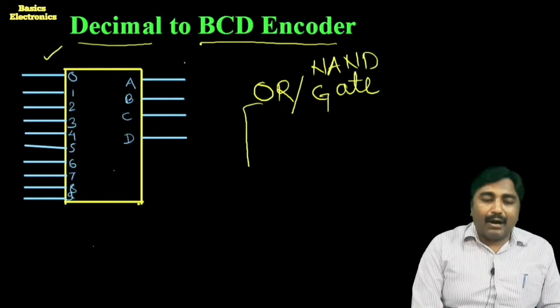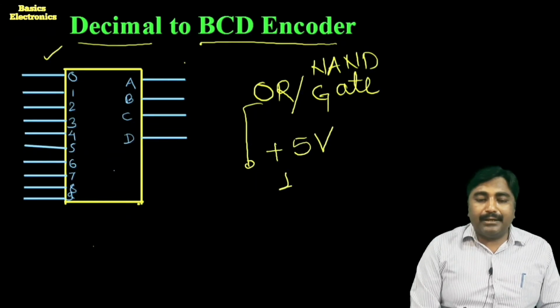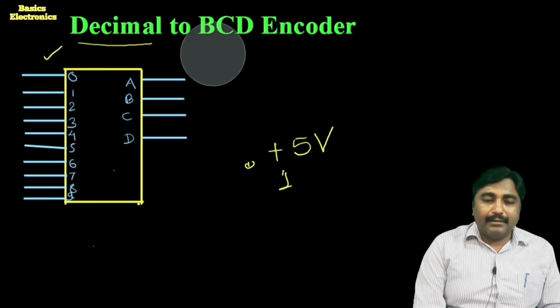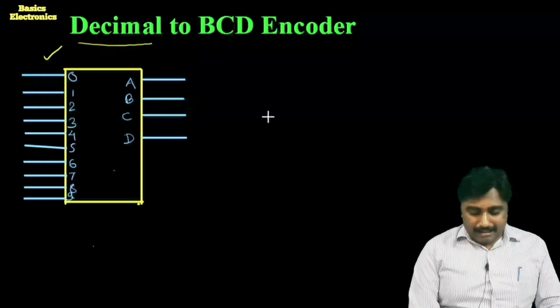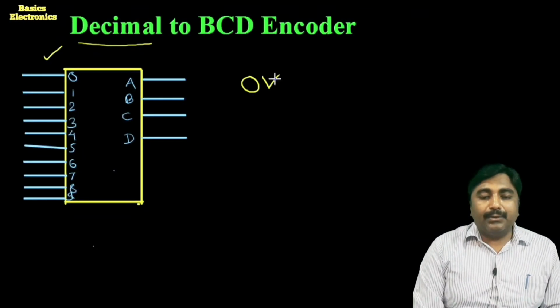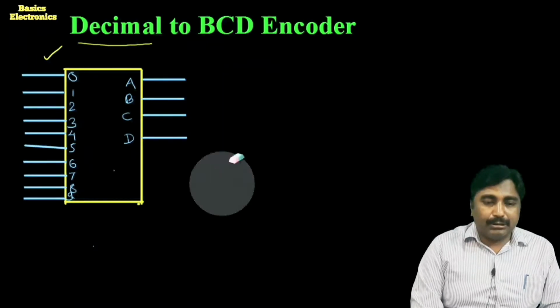If we use the OR gate, then it is required to connect the switch for the active input to the logic 1 level, that is to the plus 5 volt. And if we are using the NAND gate for its construction, then we require to connect it to the logic 0 level, meaning we apply logic 0 volts.